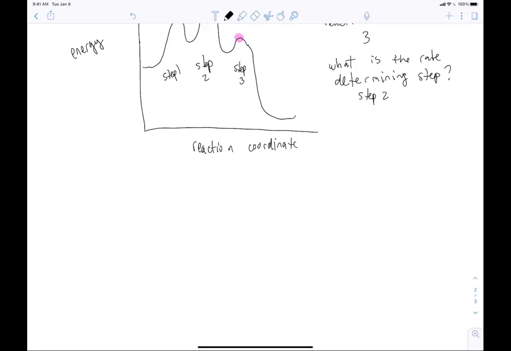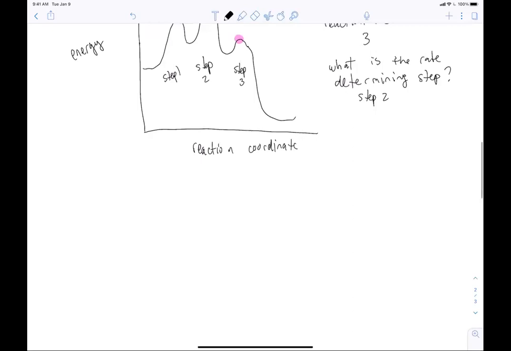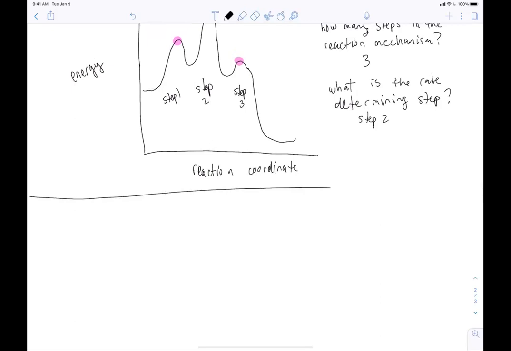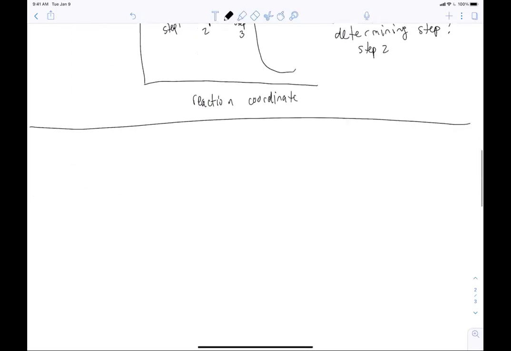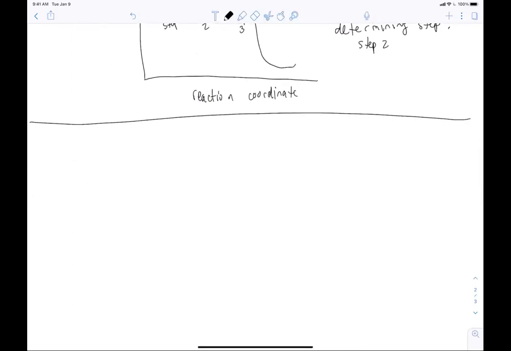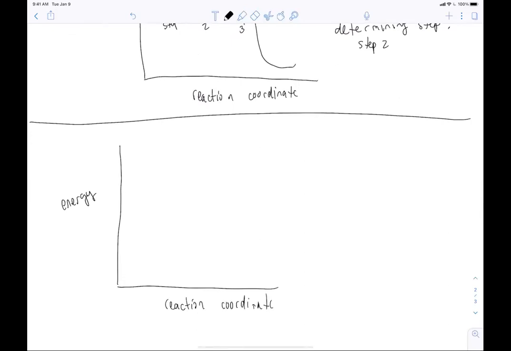Some of this stuff's pretty detailed. Catalysts are super important because they're used all over the place.